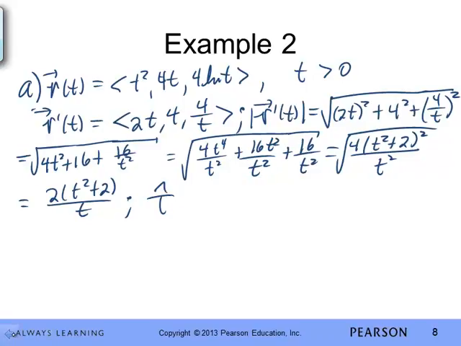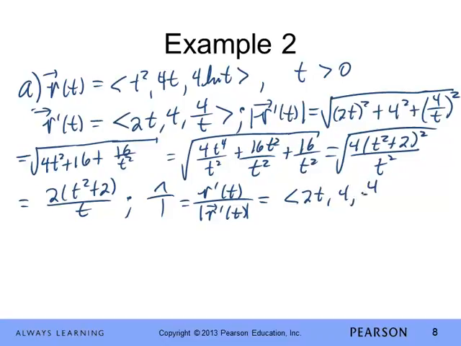No, that's not tau. Let me try that again. T hat, not tau hat. T hat is equal to r prime of t over the magnitude of r prime of t. Now, we have the vector 2t, 4, 4 over t, and then divide it by 2 times t squared plus 2 over t.